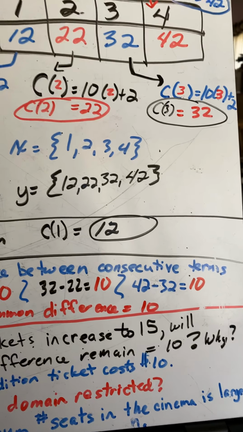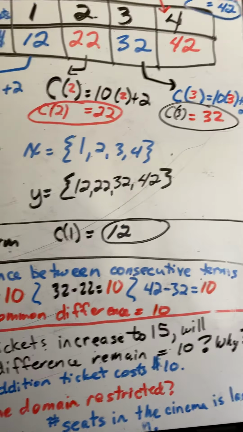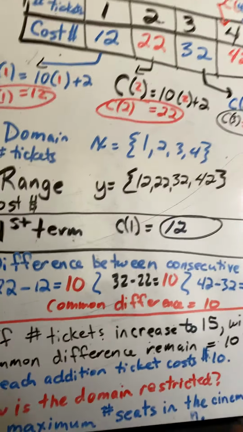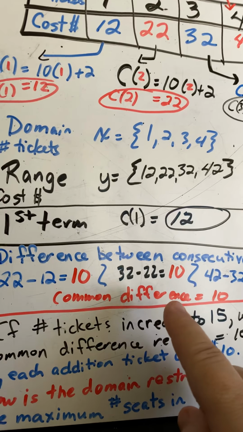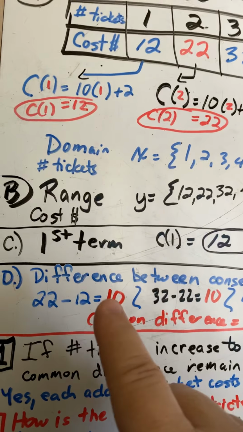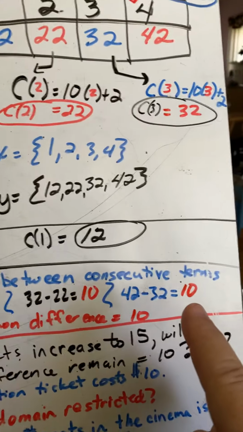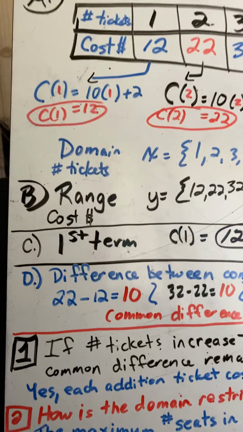And then we have 42 minus 32 is also 10. So we see that consistent pattern. And so we call that the common difference, also a lowercase d, as 10. See? La diferencia, todo tiempo 10. Every time it's 10. Okay, so let's wrap this up.